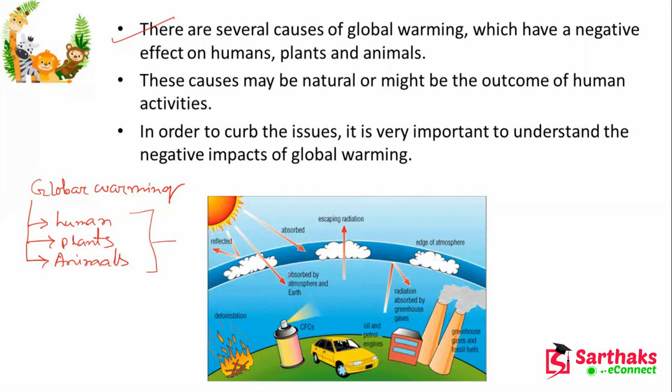This is the sunlight, and this will absorb the sun's heat, but the escaping radiation is just the opposite, right? The radiation absorbed by the greenhouse gases is again coming back to this place.